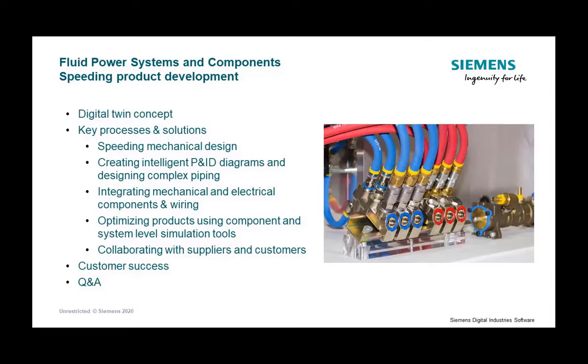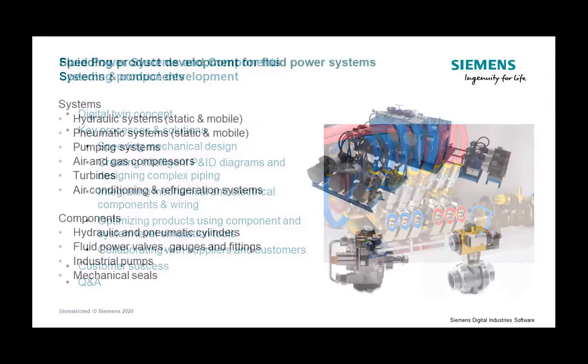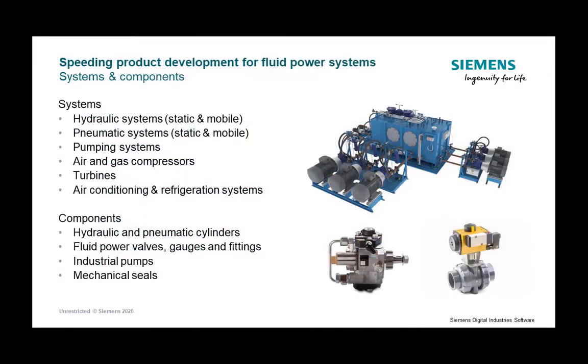And just before we dive in, when we talk about fluid power systems, these are some of the manufacturing industry segments that we have in mind. Firstly, manufacturers of fluid power systems, including hydraulic and pneumatic systems, pumping systems, air and gas compressors, turbines, and air conditioning systems.